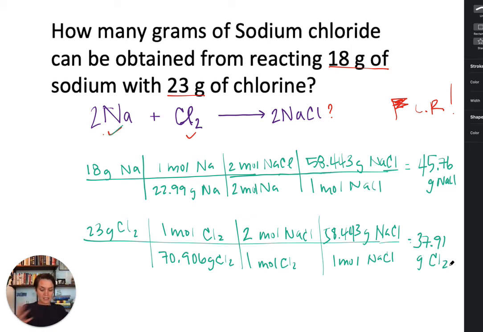Okay, so now we have that same consideration, and ultimately, just in a nutshell, whatever reactant produced the least amount of product is your answer for the amount made. So for this question, the only thing we're looking at is the grams of sodium chloride that can be obtained. So your answer is 37.91, right? 45.76 is incorrect. Why? Because we ran out of chlorine before we could get there.